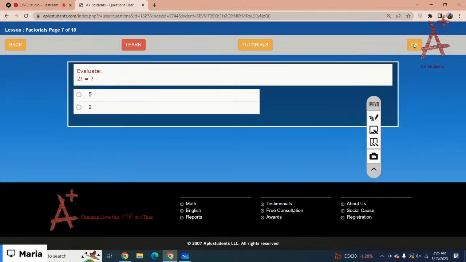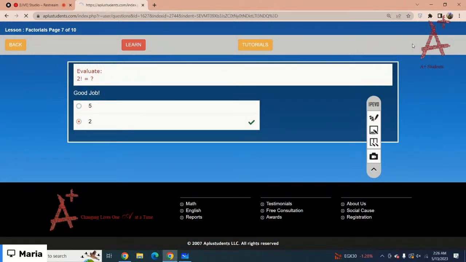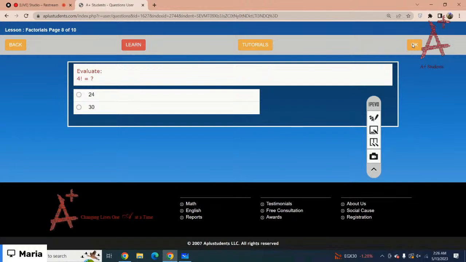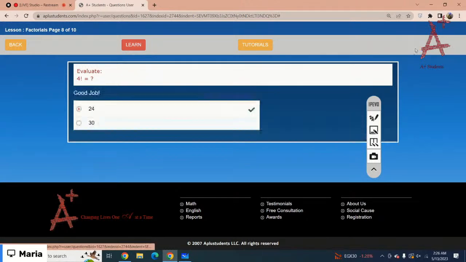Okay, the next one is 2 factorial. So which is the correct option? 2 factorial is 2 times 1. So 2 times 1 is 2. So the correct option is 2. Four factorial equals 24. So the correct option is 24.